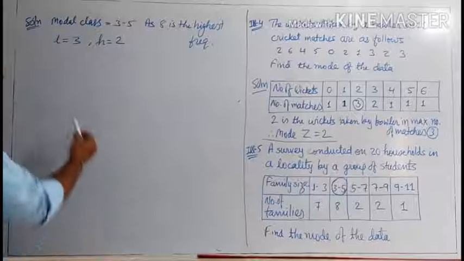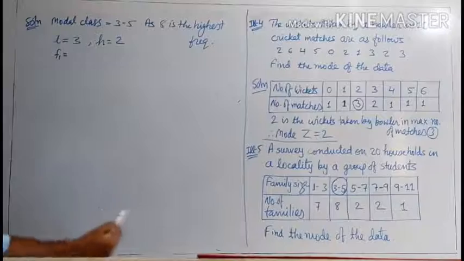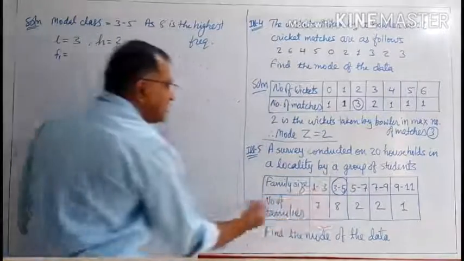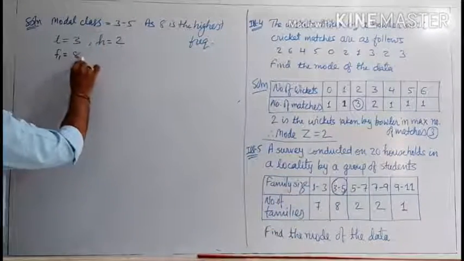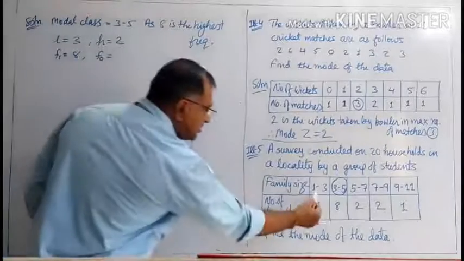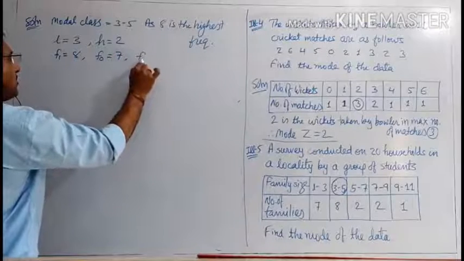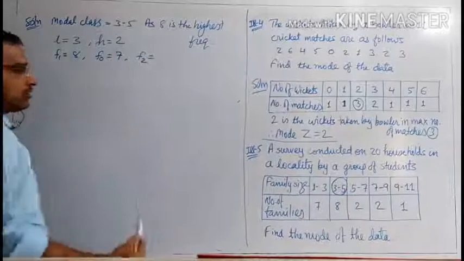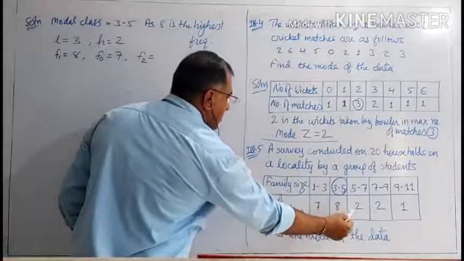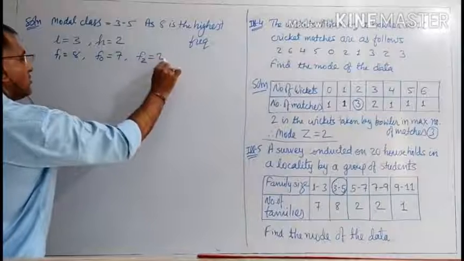Now we have to calculate the frequency f1, the frequency of the modal class, which is 8. The frequency of the class preceding the modal class is f0, and that is 7. The frequency of the class succeeding the modal class is f2, and that is 2.